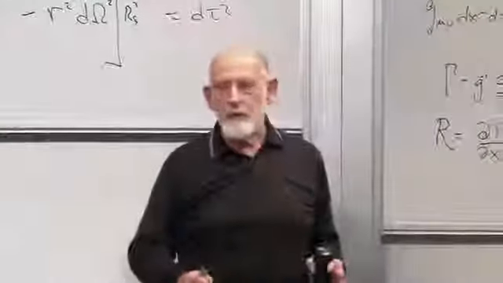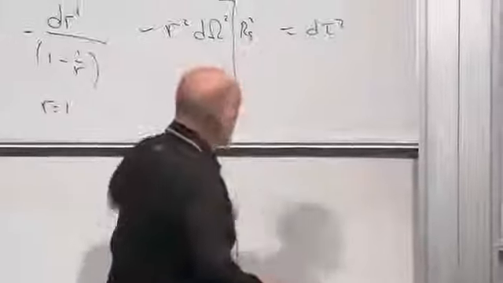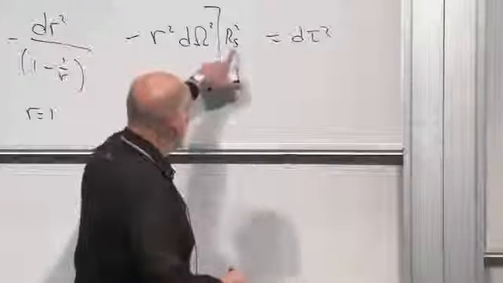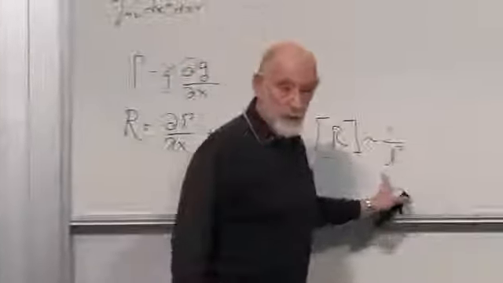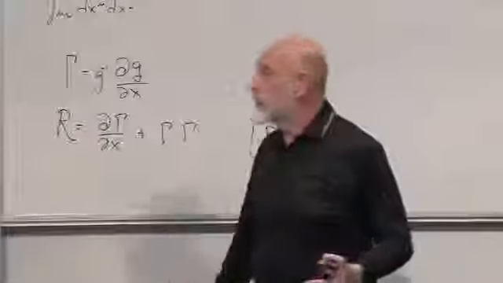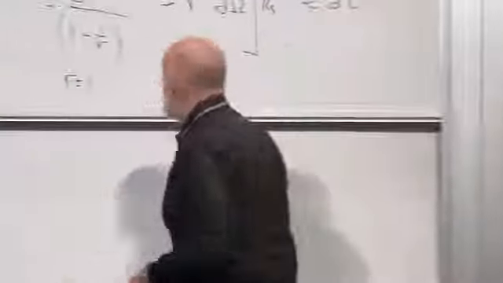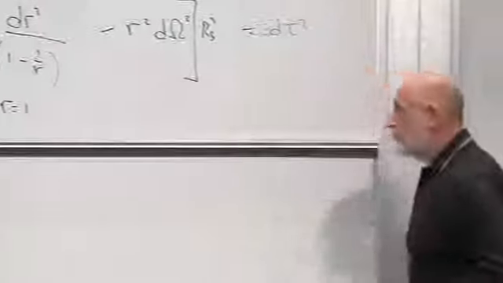The only possibility is that the curvature is going to be proportional to the inverse of the Schwarzschild radius squared. That is the only possible formula that you could get by doing all the derivatives and everything else, since r Schwarzschild is the only thing with any units in here.